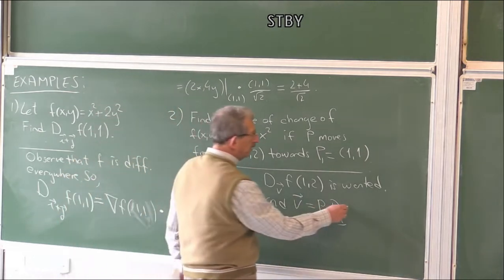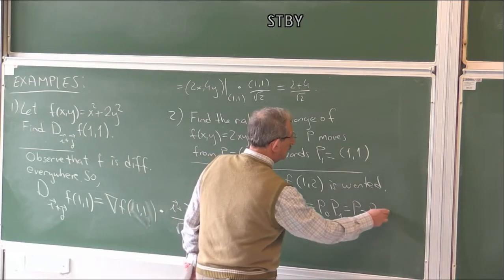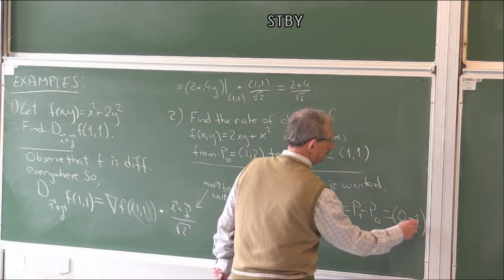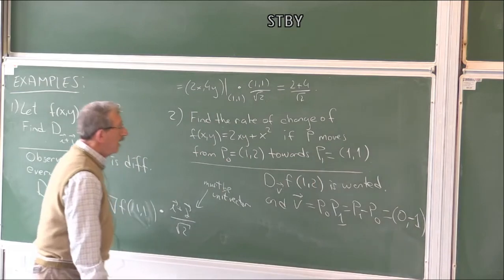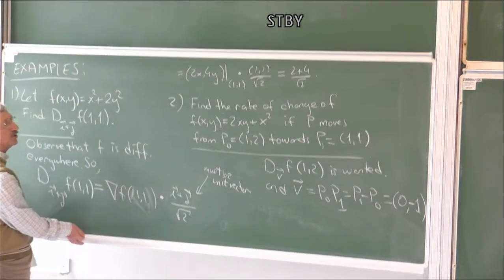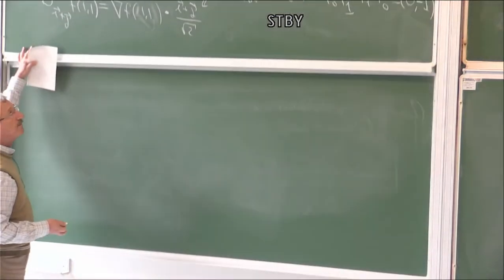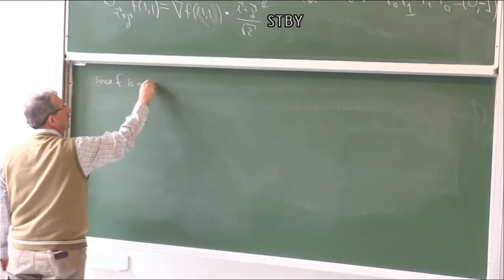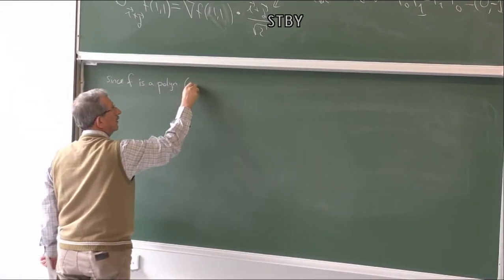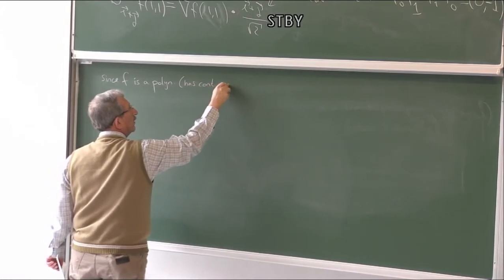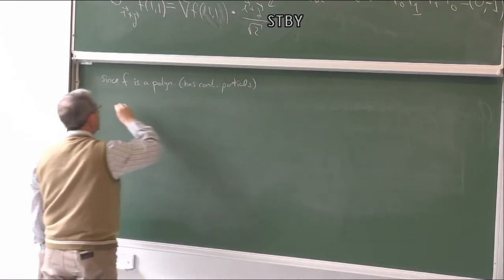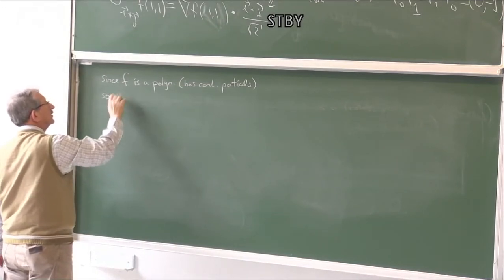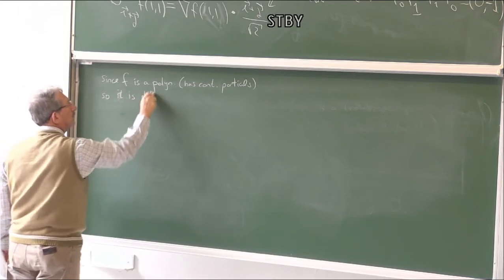And therefore, it is P1 minus P0, so that is (0, minus 1). Well, secondly, the function is a polynomial, so it is differentiable everywhere.